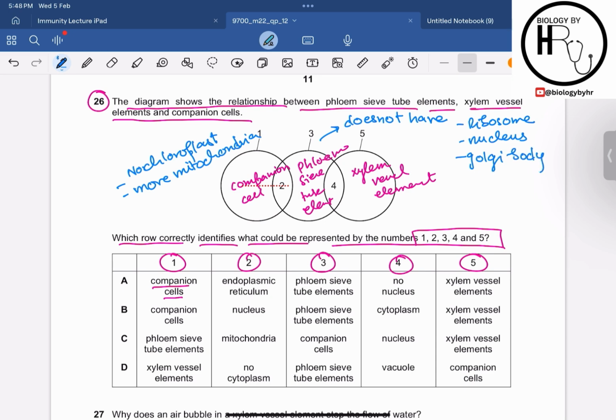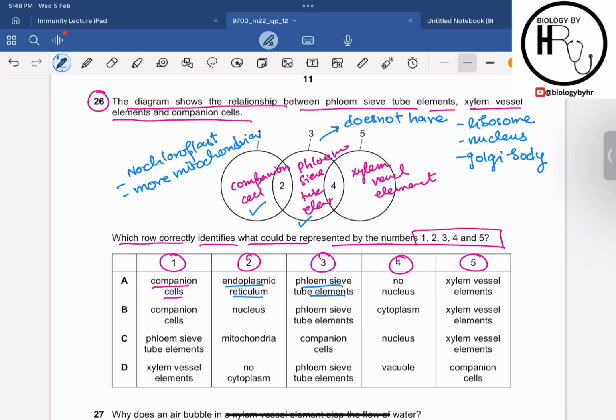Okay, Golgi body, nucleus, ribosomes. So yes, the phloem sieve tube element and the companion cell both have endoplasmic reticulum. So till here option A is correct.